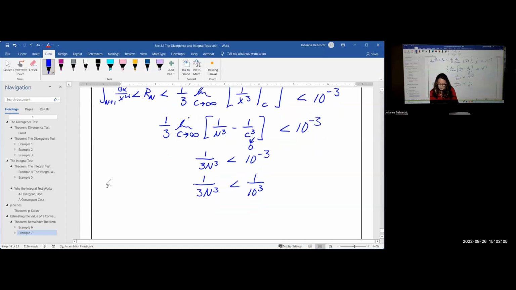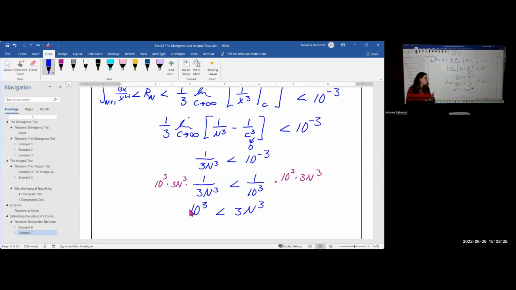When I multiply both sides by the denominators, 10 to the 3rd times 3N cubed, I end up canceling on the left the 3N cubed, and I get 10 to the 3rd is less than 3N cubed. And notice the sense of the inequality does not reverse because these were all strictly positive values.